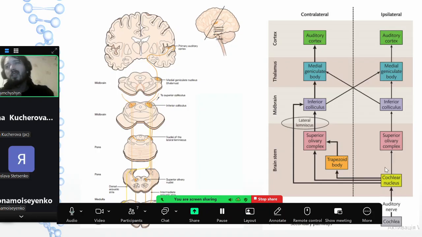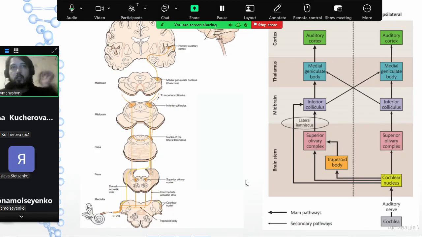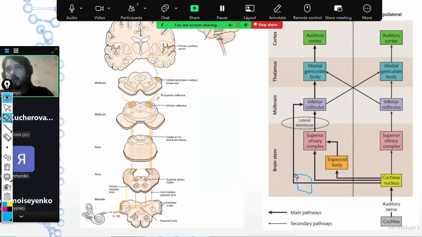So here is just a part of it shown, but you see that superior olivary complex on the left gets input from the right cochlear nucleus, and superior olivary complex on the right gets input from the cochlear nucleus. And you might guess that if we draw another cochlear nucleus, it will give some input here and it will give some input here.